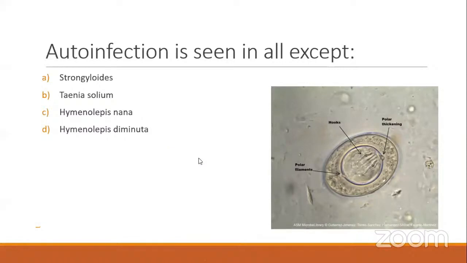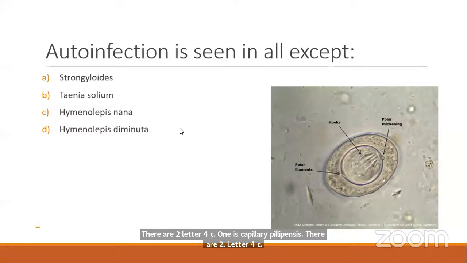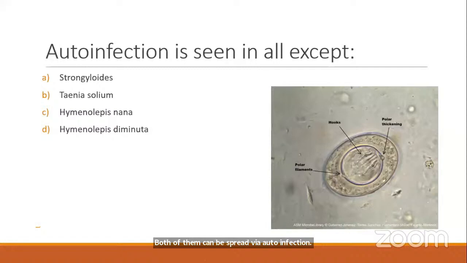There are two letters for C. One is Capillaria philippinensis and another one is Cryptosporidium parvum. Both of them can be spread via auto infection. I think more important is Cryptosporidium. You can remember it as Cryptosporidium parvum, Hymenolepis nana, Enterobius vermicularis, S for Strongyloides stercoralis, and T for egg of Taenia solium. Okay.